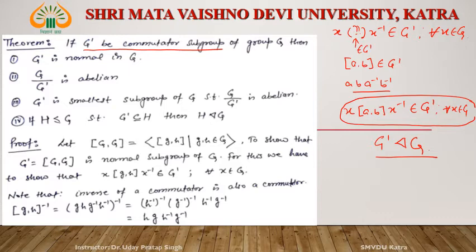So the first property is that G prime is normal in G. Second, if G prime is normal, then the quotient group G by G prime exists, and this G by G prime is abelian.